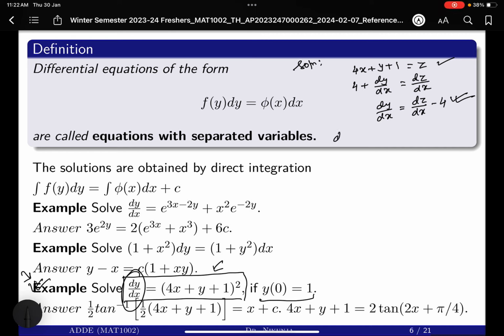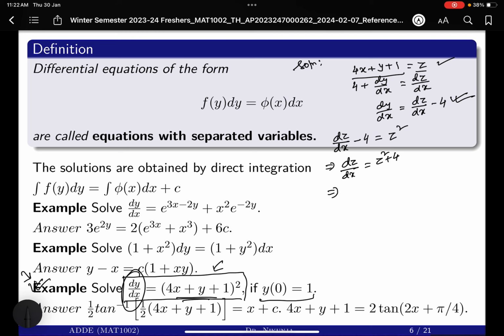After substitution you get dz/dx minus 4 is equal to z squared, since we have taken that term as z. From here dz/dx is equal to z squared plus 4.